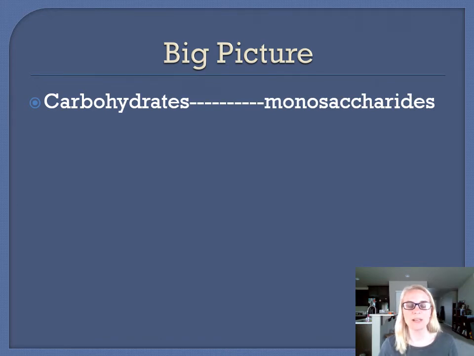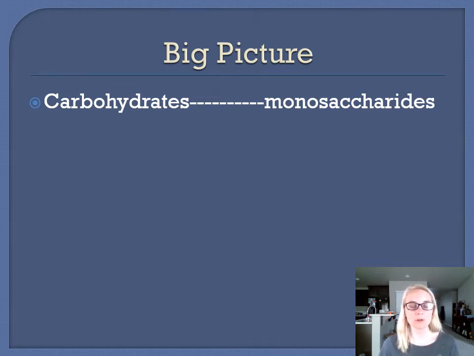It is the monosaccharides that are small enough to be absorbed across the digestive epithelium. So no matter what kind of carbohydrate you ingest, the ultimate goal is to get that down into a small monosaccharide like glucose or fructose or galactose, which then can be absorbed by facilitated diffusion across that digestive epithelium.